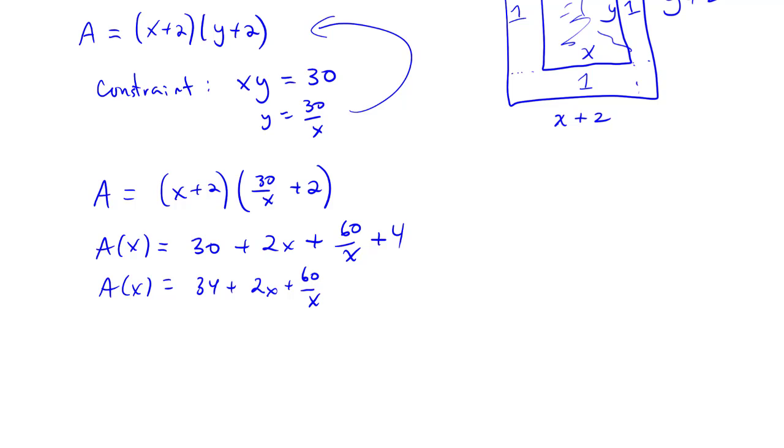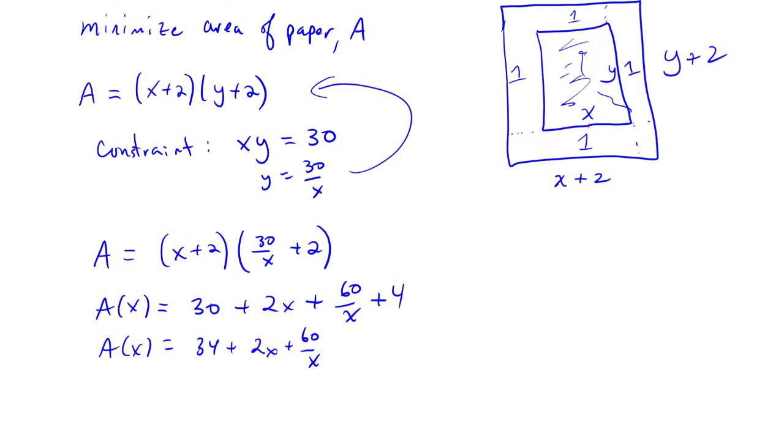Now again, we must have some restriction on x. Well, let me see. Since the only thing that's restricted here is really x times y has to be 30, x would have to be bigger than 0. Now technically x could go to infinity because we could have a really wide page that's very short.